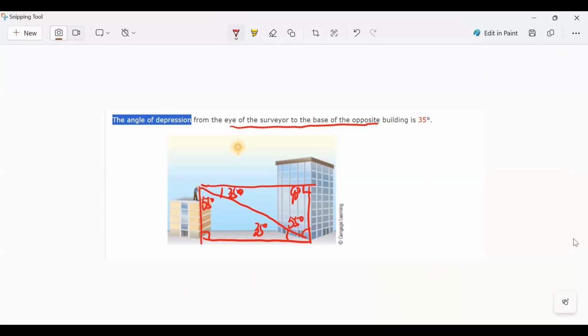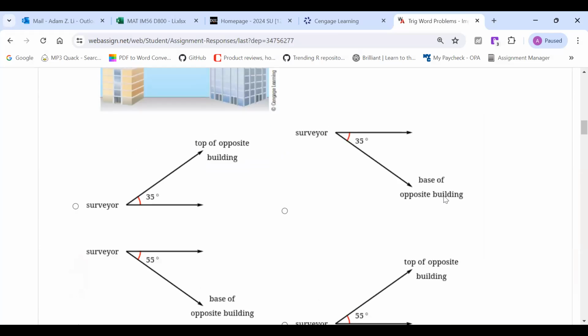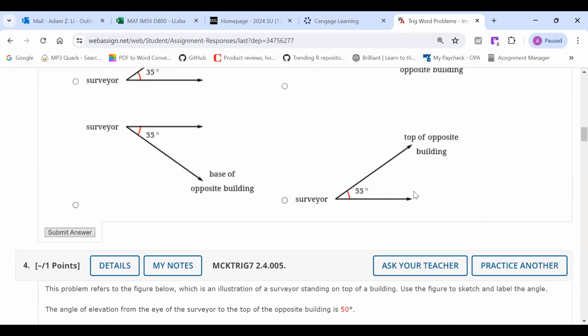Because these two are parallel, the internal angles will have the same measurement. Internal angle, these two are parallel as well. And let's see which one captures this. We get this, right? This one is 55 degrees.